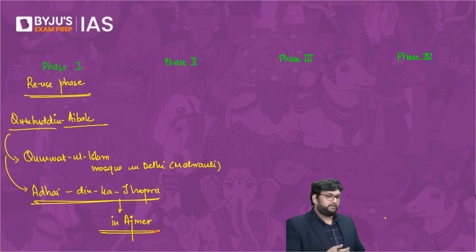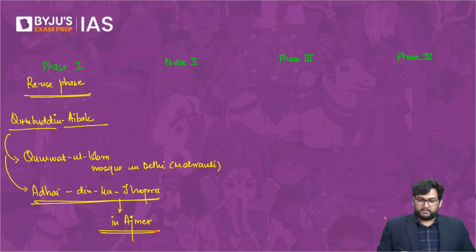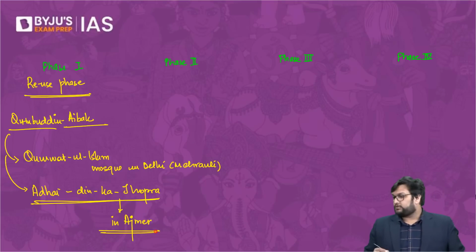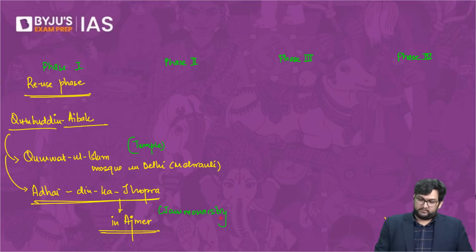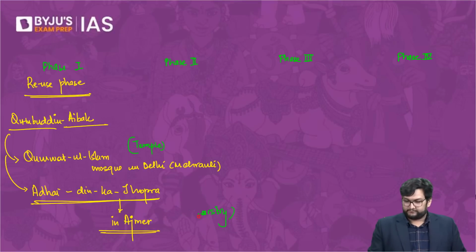Thereafter, it is called the reuse phase because this is a temple which was used as a mosque, and this is a Jain monastery which was again used as a mosque.